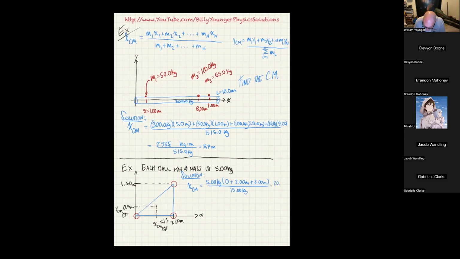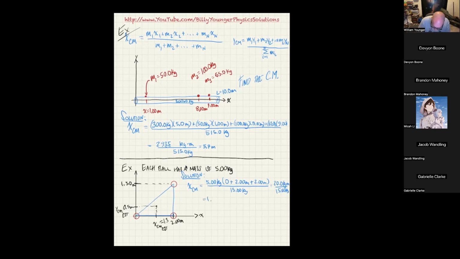So this is 20.0 kilogram meters divided by 15.00 kilograms. Obviously, that's 4 times 5 over 3 times 5. So that's 4/3, which actually I got really lucky and got it exactly right.